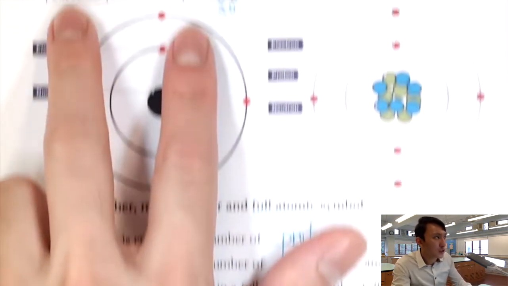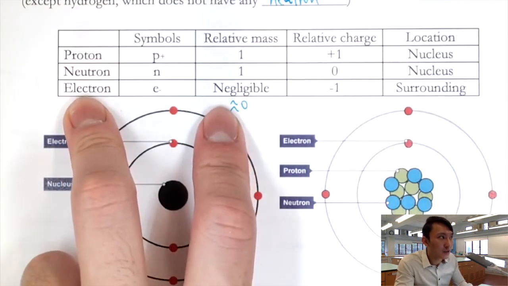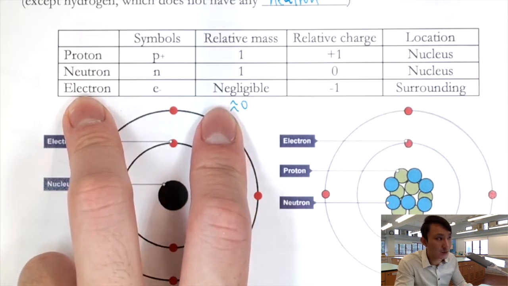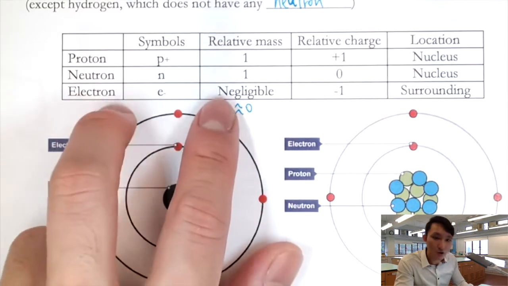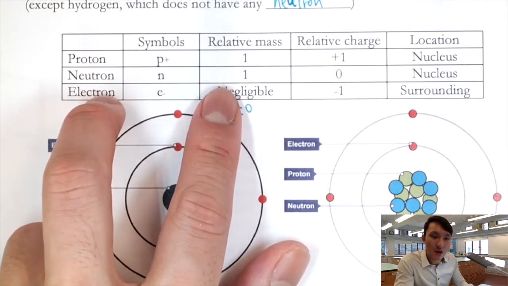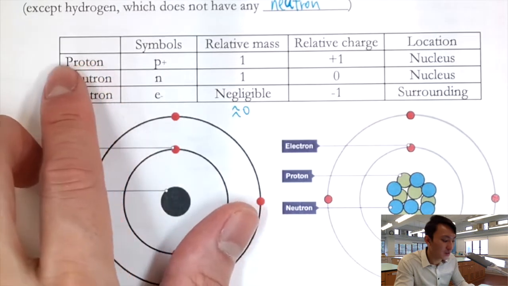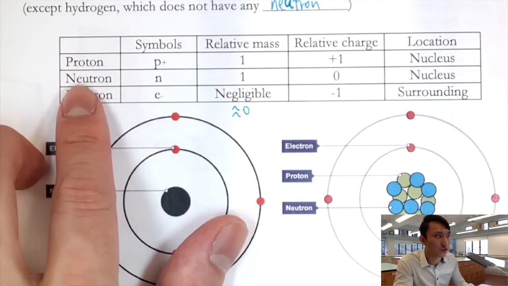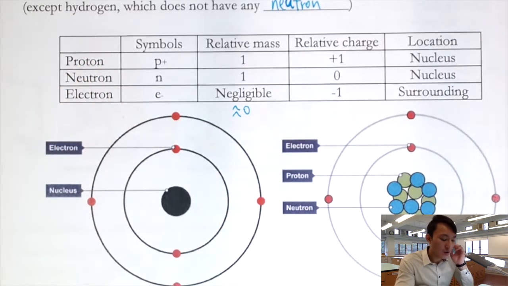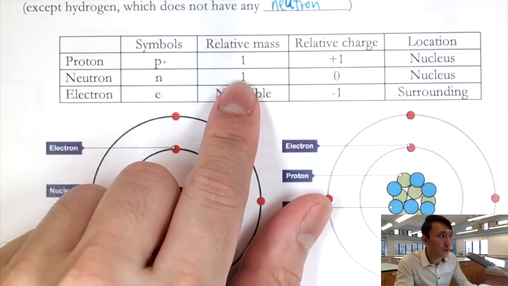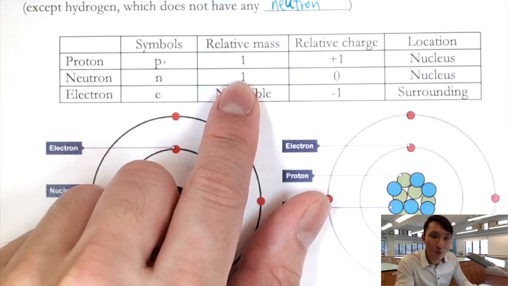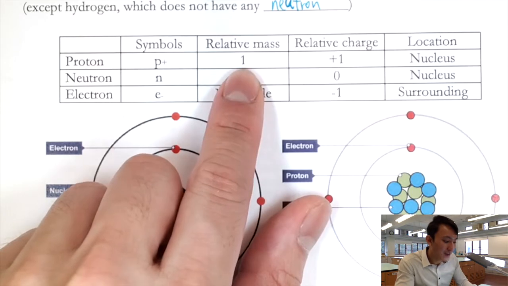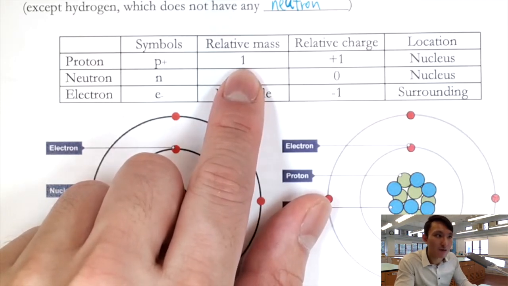But just now, if we go back to here, we say that the relative mass of electron is negligible. That means we can take it as 0. So that's why for the total mass of an atom, we only concern about the total mass of proton and total mass of neutron. Okay? Now, also, because we have defined the relative mass of a proton being 1 and the relative mass of neutron also being 1, that means if we have like 10 protons, then the relative mass will be 10.